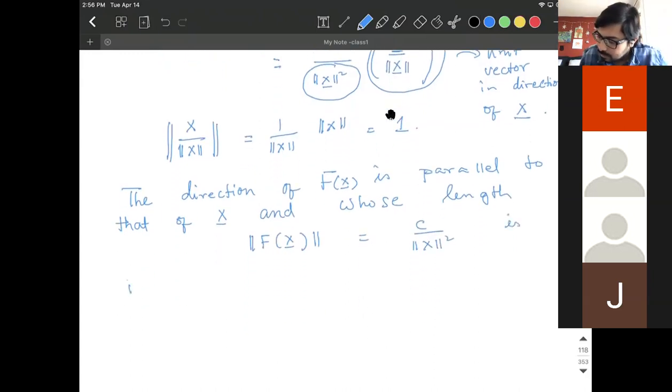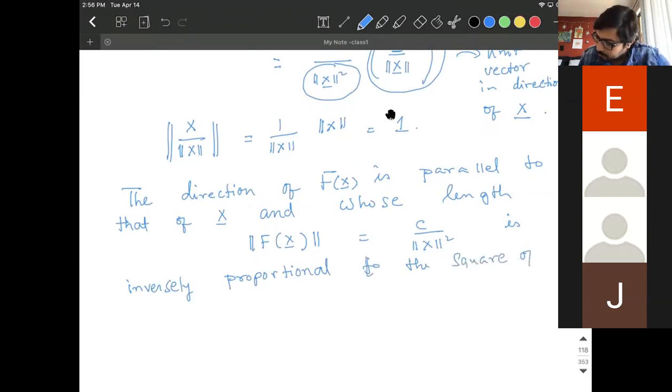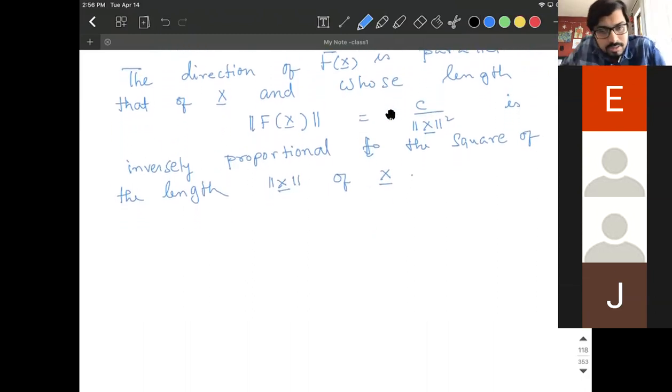This is inversely proportional to the square of the length of X. And that's where the inverse square vector field name comes from.